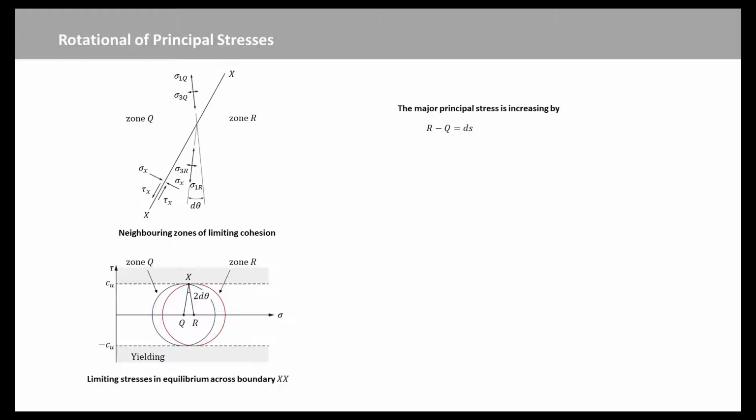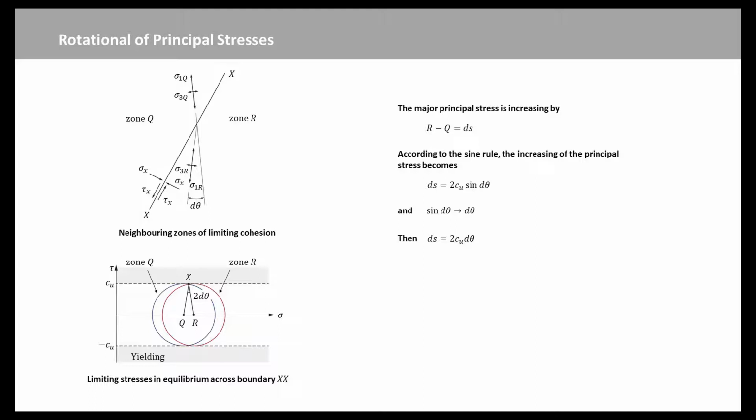The discontinuity XX between the zones must be in equilibrium, so the shear and the direct stresses sigma x and tau x must be the same in each zone. This means that the common point x shared by the two Mohr circles must represent the boundary between the zones. Directions on Mohr circles rotate twice as fast as their corresponding directions in the material.